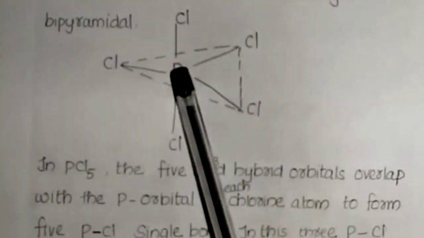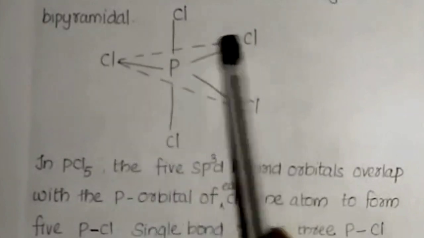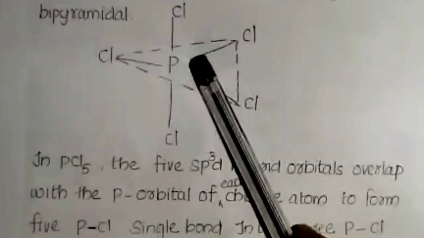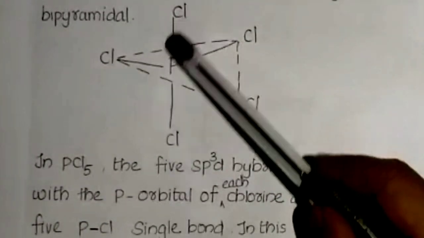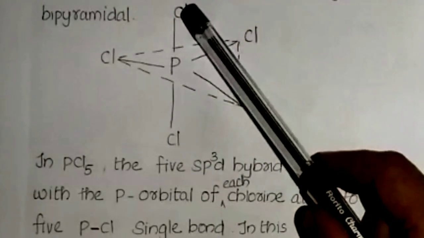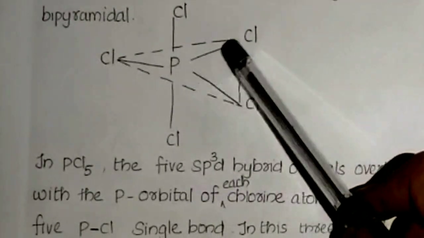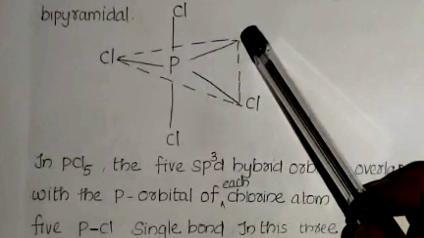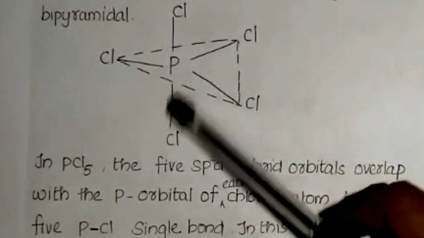So this is the equatorial plane. 2 P-Cl bonds are lying above and below this plane. So these P-Cl bonds are known as axial bonds. Then 2 types of bonds are there, 3 equatorial bonds and 2 axial bonds.